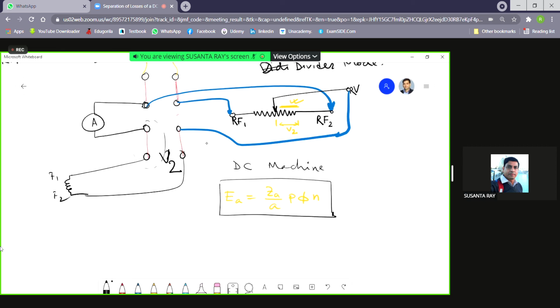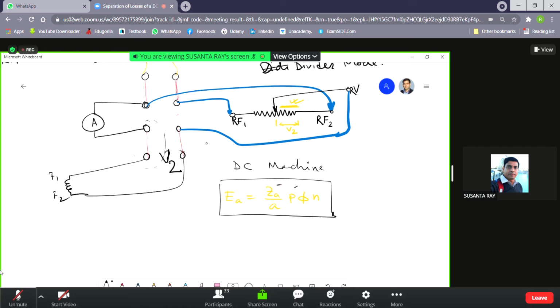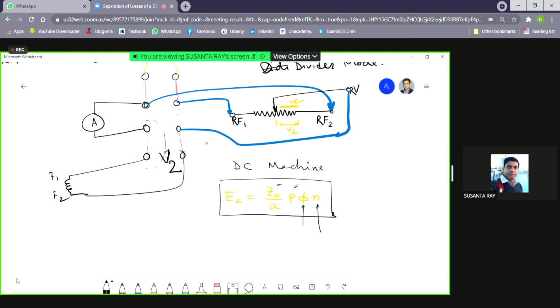Okay, so here basically we have two parameters which are not variable at all, because the number of armature conductors and the number of parallel paths are constants, called parameters. Now the variables are the flux, which is one variable, and the speed, which is another. This flux we can change by field excitation, the field current.